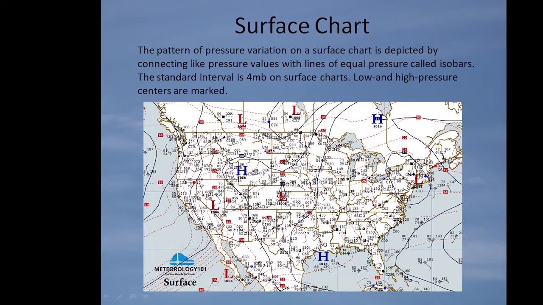So every hour, these stations put out METARs, which is a weather observation transmitted over the internet every hour, and this data is plotted across the United States. And then the computers can analyze that data for pressure, temperatures, dew points, cloud cover.